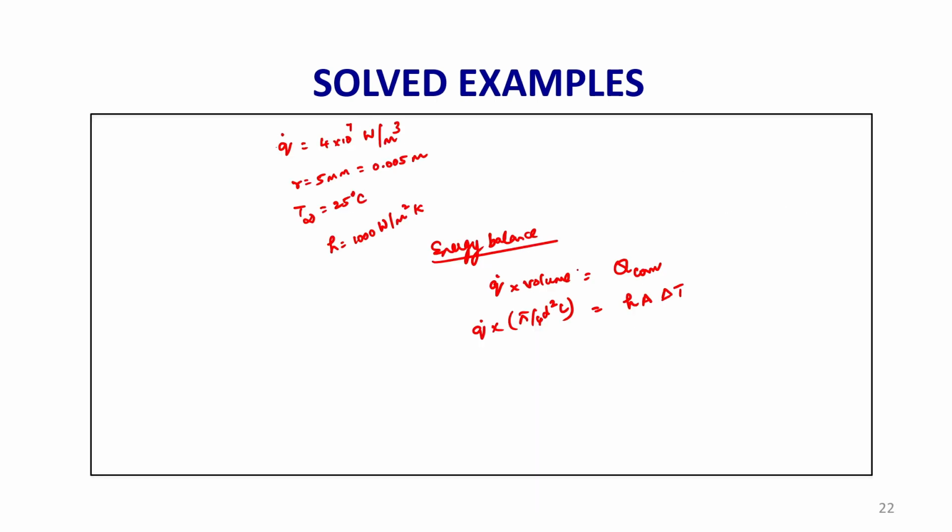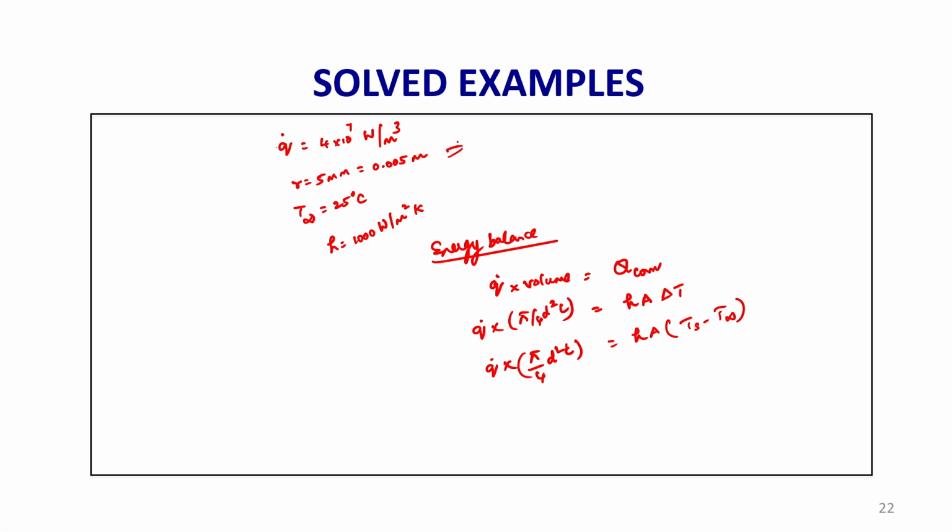So, the volume of the rod is nothing but a cylindrical component, pi by 4 d square L, that is area into L. So, this is nothing but Q dot into pi by 4 d square into L equal to H into A into delta T, surface temperature minus fluid temperature.